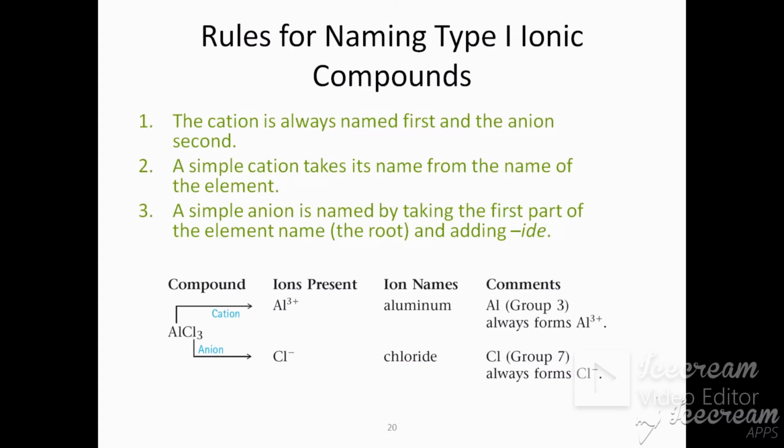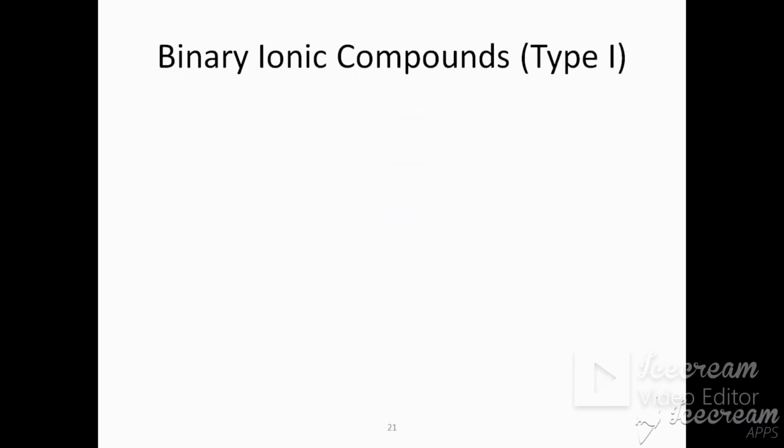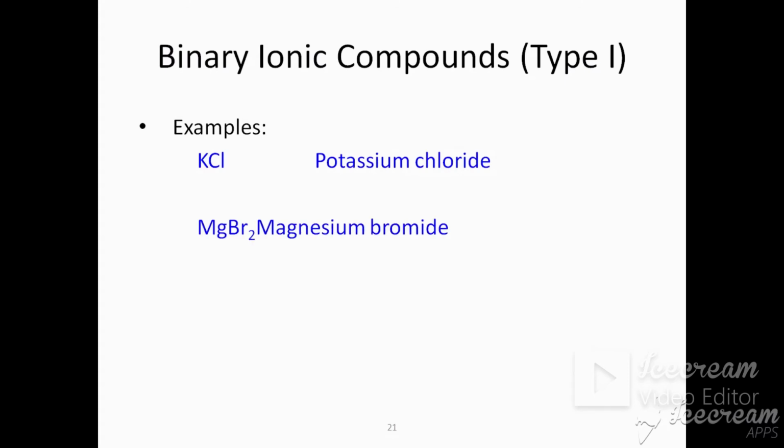Comments: Al, group 3, always forms Al3+, and Cl, group 7, always forms Cl-. Binary ionic compounds type 1. Examples: KCl, potassium chloride; MgBr2, magnesium bromide; CaO, calcium oxide.